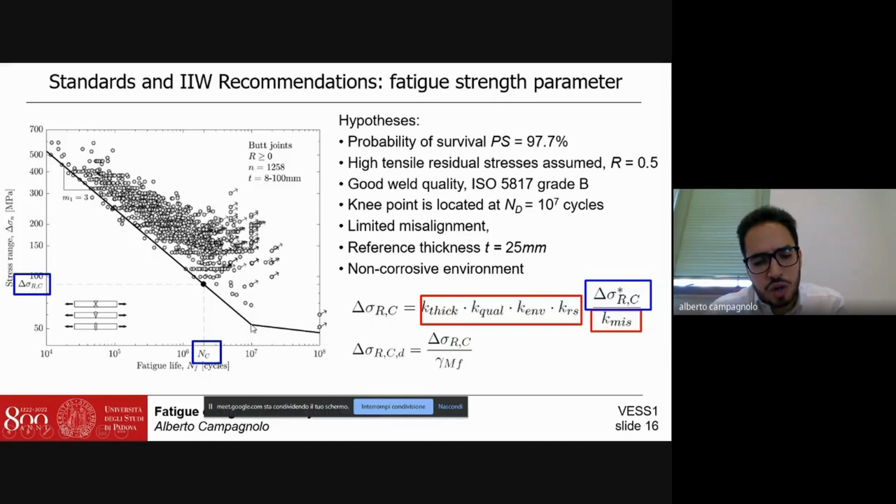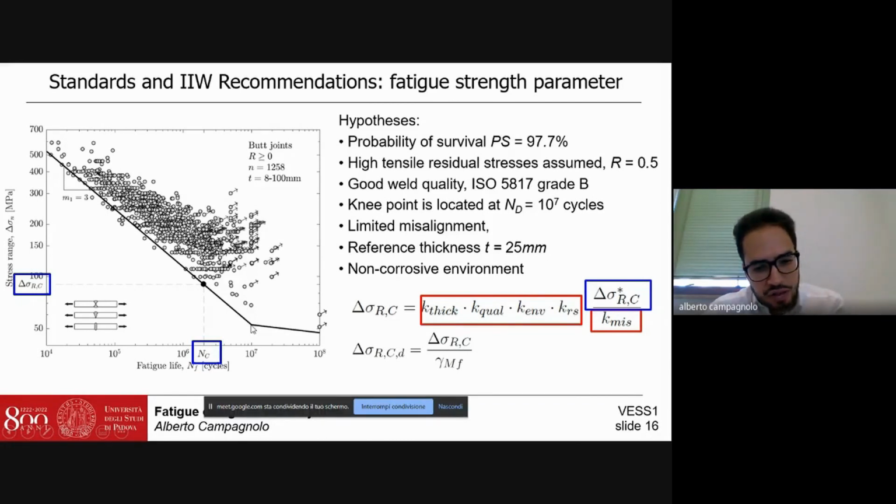In the case of constant amplitude loading, we can define a different slope, which is typically assumed as M2 equal to 22 to avoid the definition of a constant behavior of a curve, so that the definition of a fatigue limit is avoided for a safety reason.